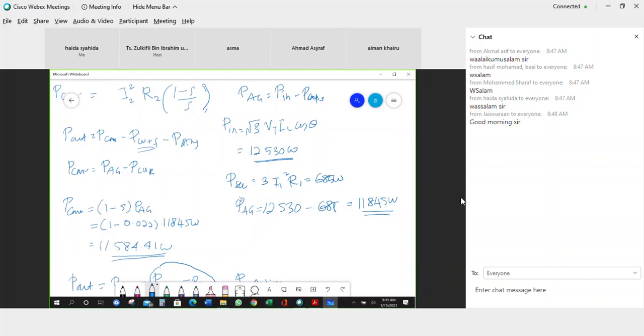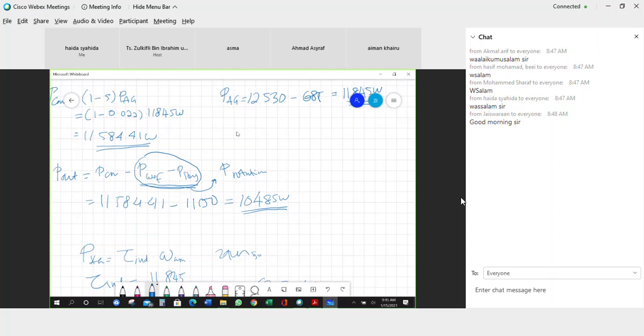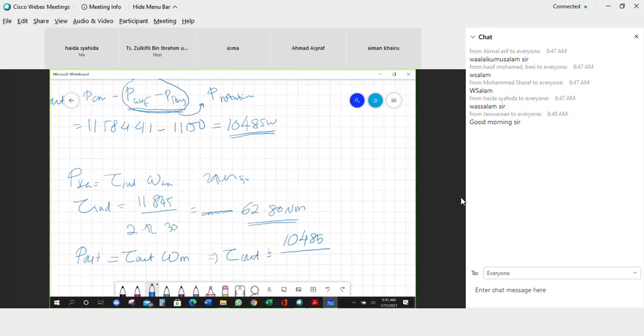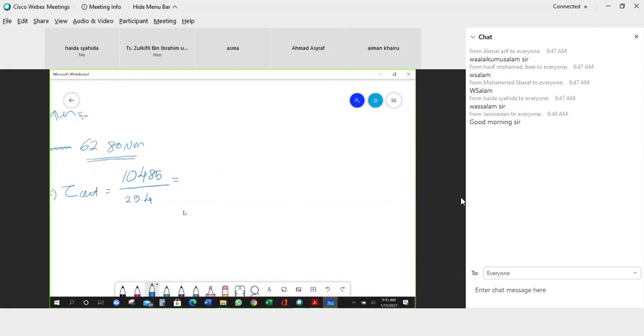It's 104. Kita calculator je. 104.85 divided by 29.4. So dapat dalam 3. Macam tak betul je.